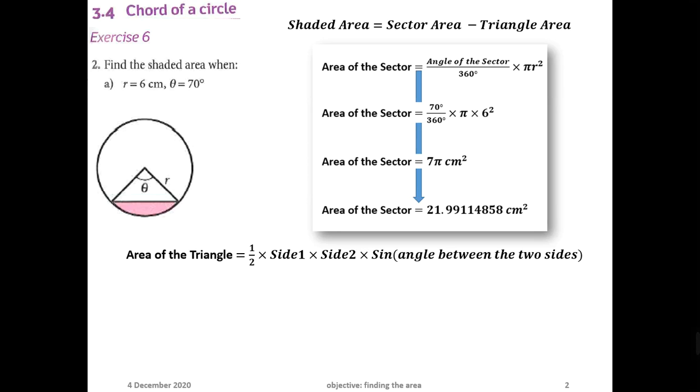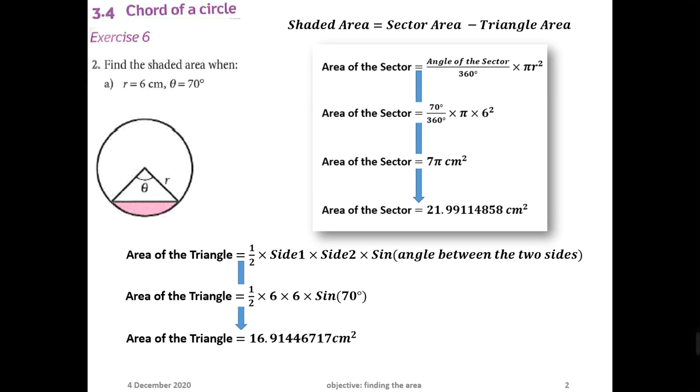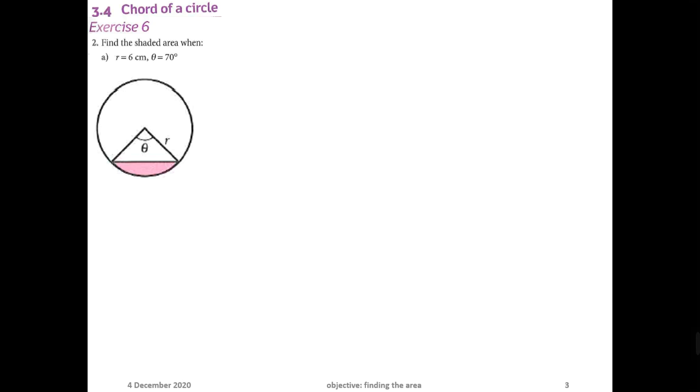So it's going to be half times 6 times 6 times sine of the angle between the two sides, which is 70. Insert this in the calculator and write the answer with all digits, because you're going to use this number again in the question to find the area of the segment, which is shaded in pink.